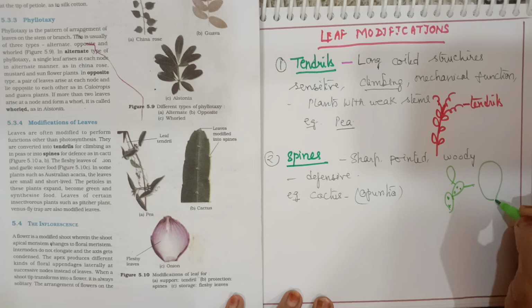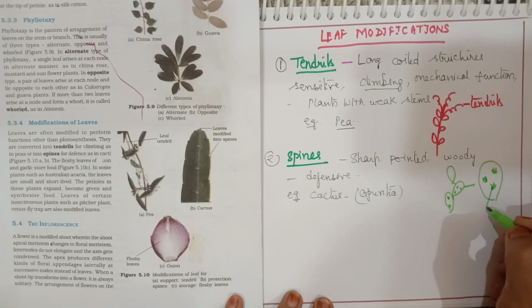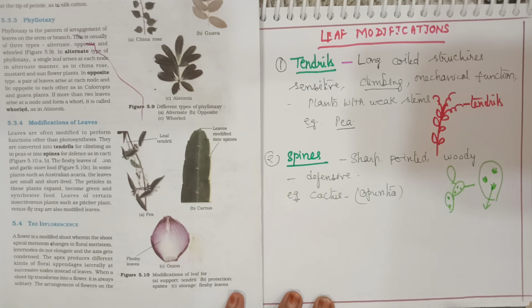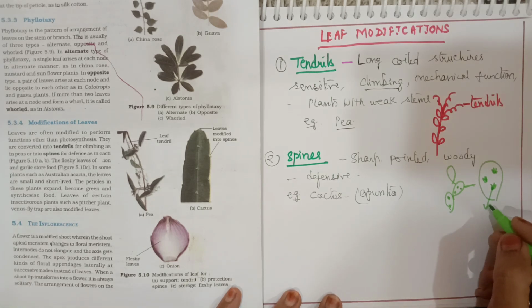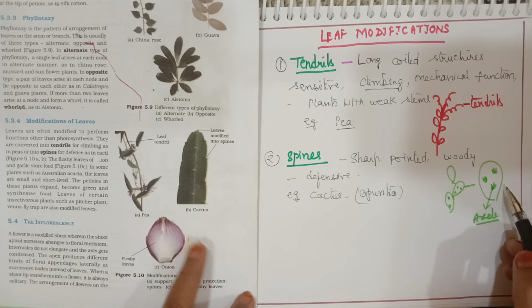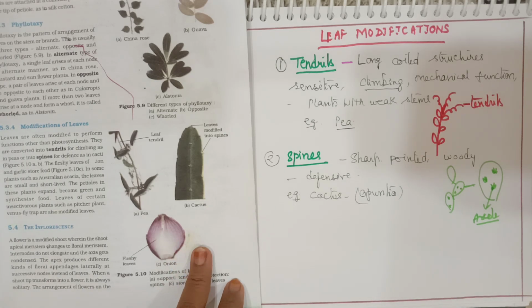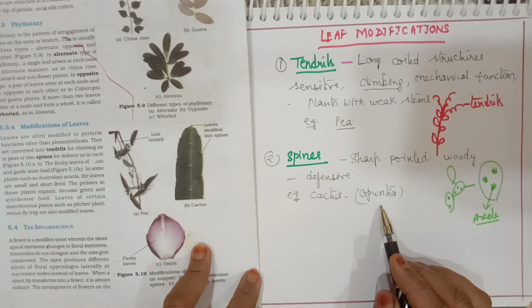If we observe each one, at one place there are many groups of spines present. These groups of spines are actually modified leaves, and this group can be spines or hair-like. This group is named areole. So areole is the name given to the cluster of spines, or sometimes they may be modified to hair-like structures also, as in cactus.